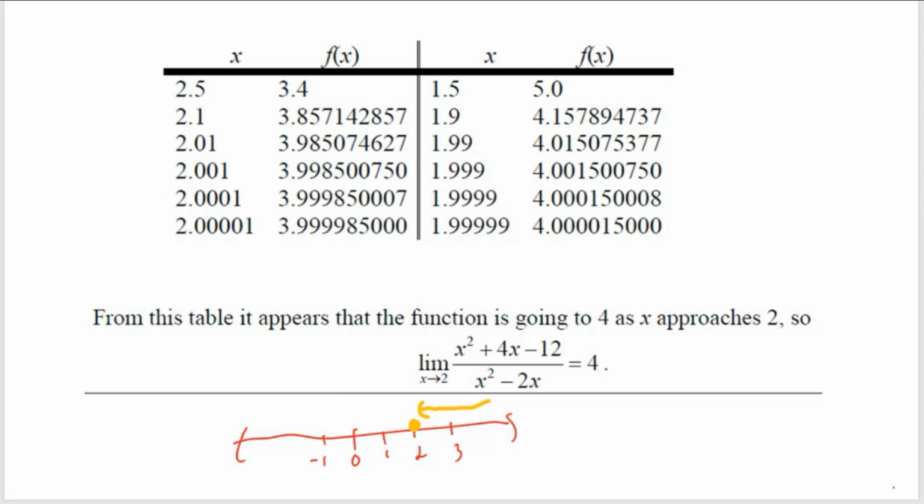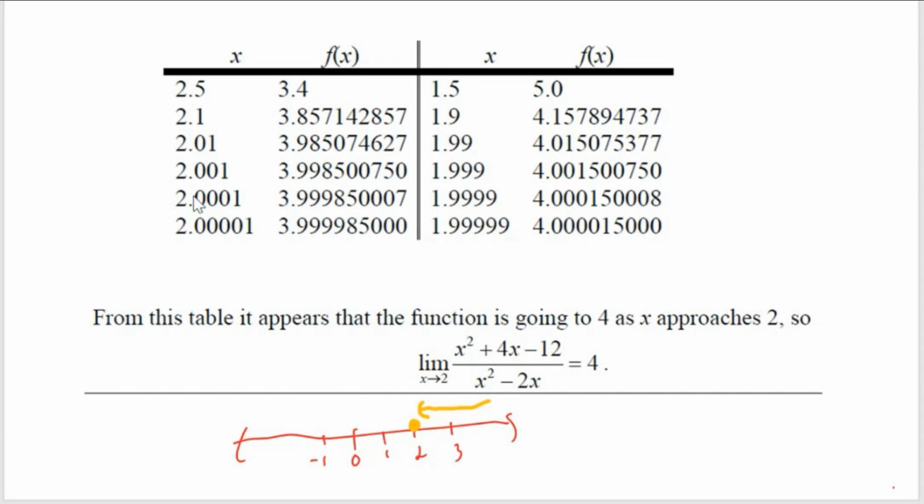If we are done substituting all these values of x, so if you list down the values of x, starting with 2.5, then you can solve for the value of f of x. Take note, I let f of x be equal to the limit of x squared plus 4x minus 12 all over x squared minus 2x as x approaches 2.